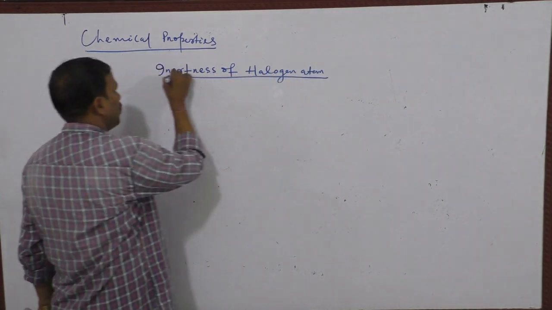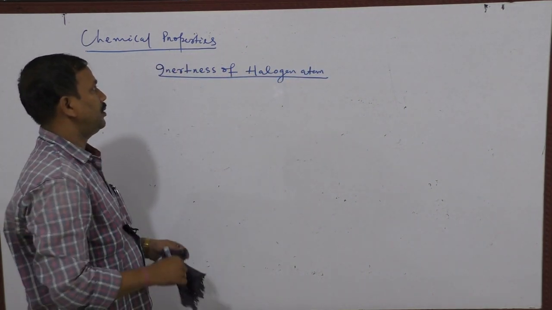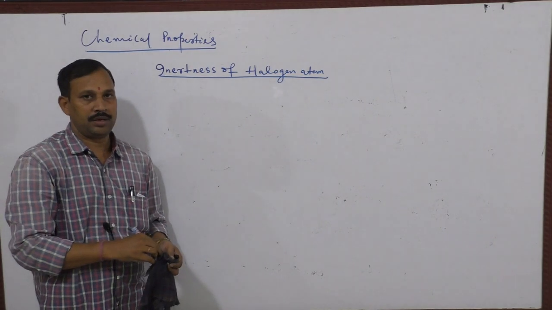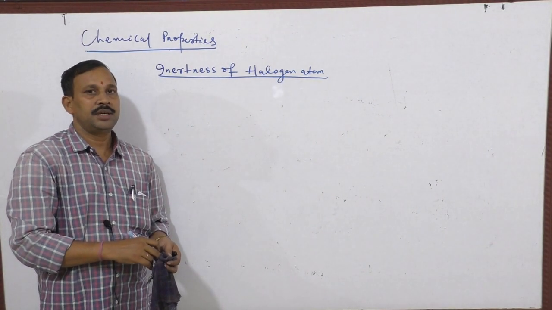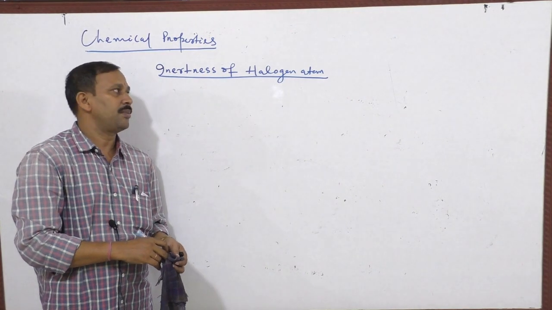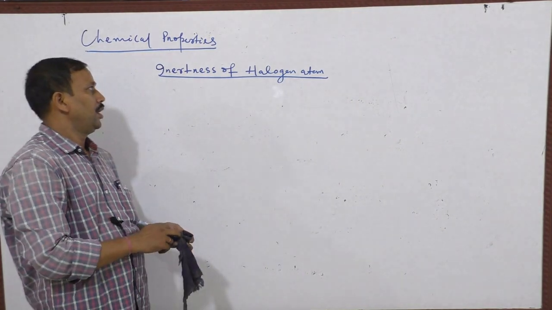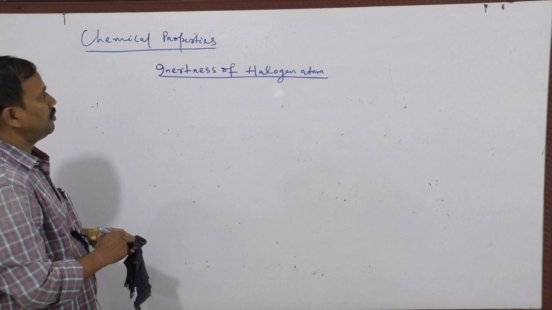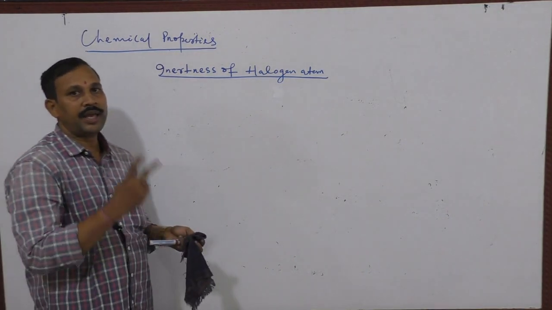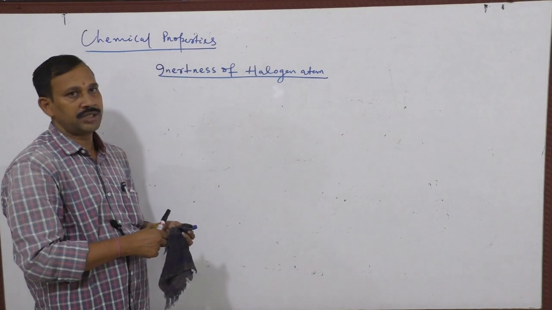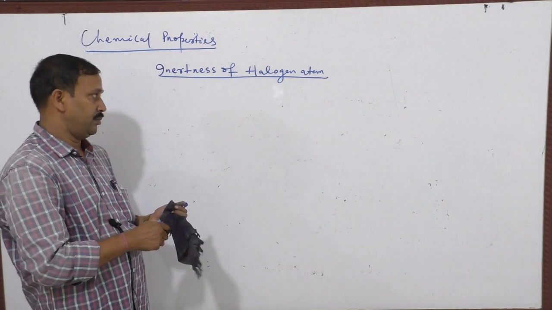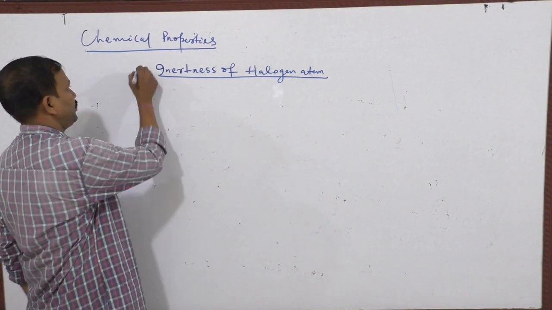The halogen atom present in haloarene becomes chemically inert or less reactive towards various chemical reactions. The inertness of a halogen atom in haloarene can be explained by two concepts. One is the resonance concept, the second is the bond energy explanation.